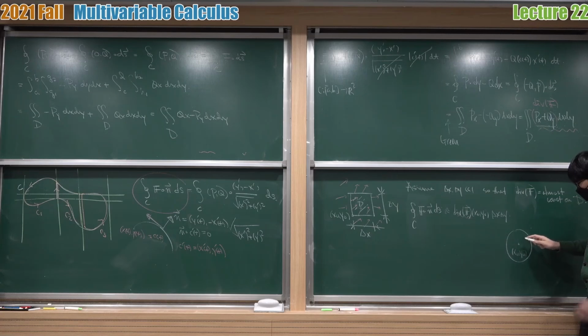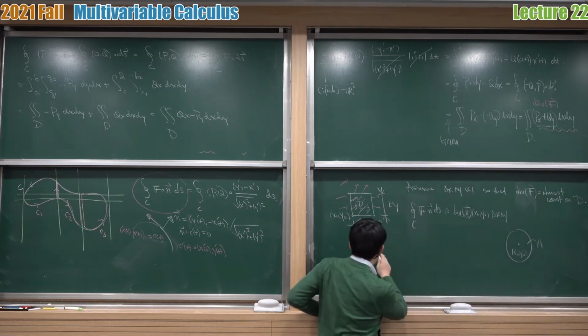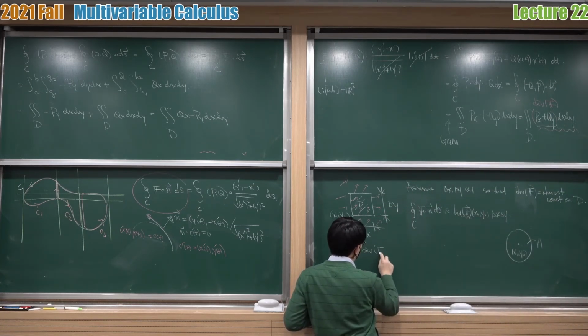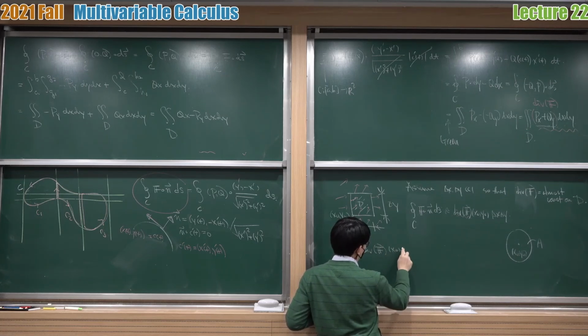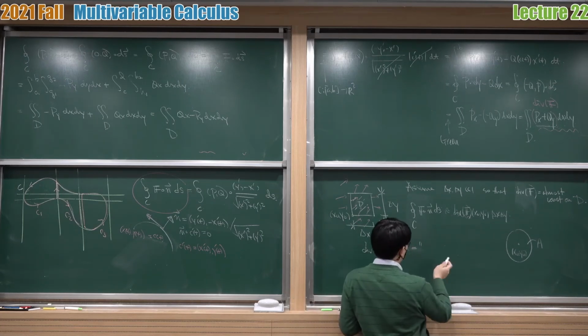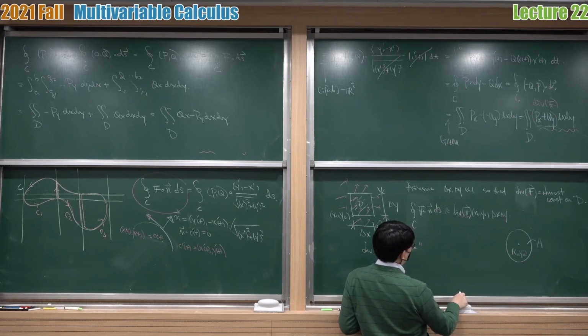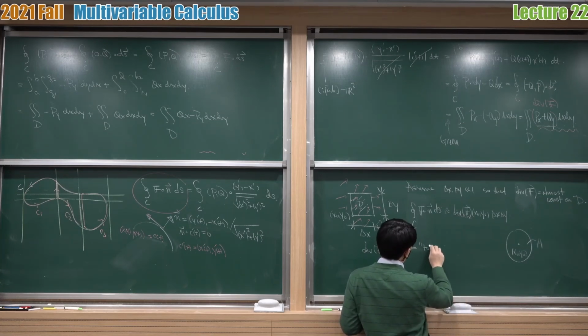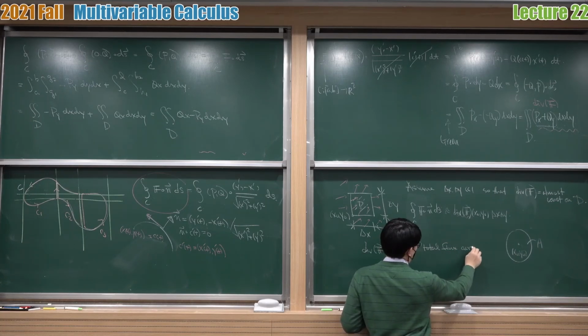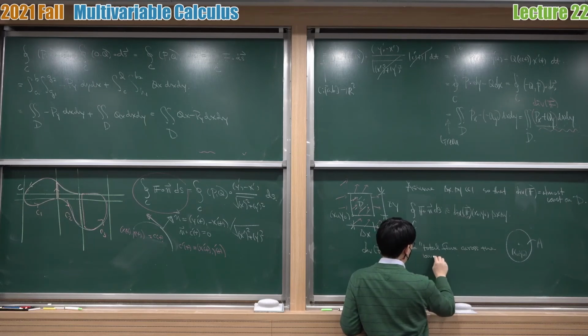There is an area of that region, and if you take the divergence of the vector field f at x0 and y0, this is the total flux across the boundary.